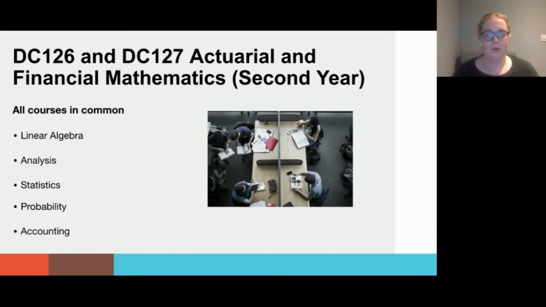I suppose it's for the actuarial exemption modules. So I'll talk about the actuarial exemptions later on, but that's why there are a few business course modules thrown in there as well. But for the main part, they are mainly math courses.